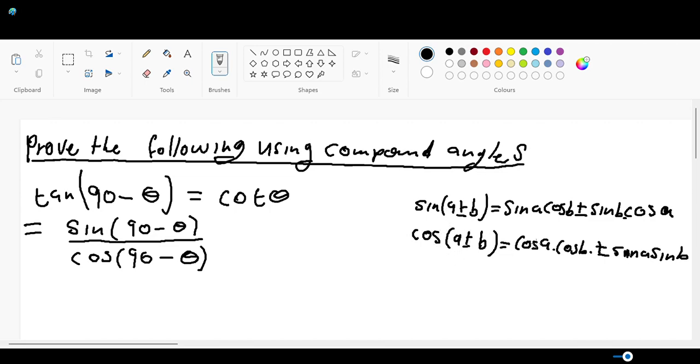Since we're going to use both of them, we're going to refer to these two. Now let's continue. Yes, this is where we are.